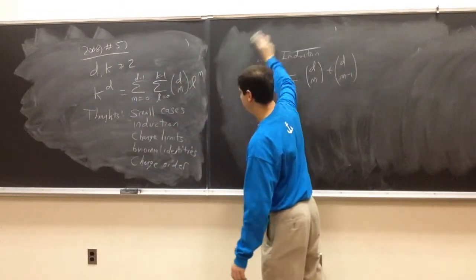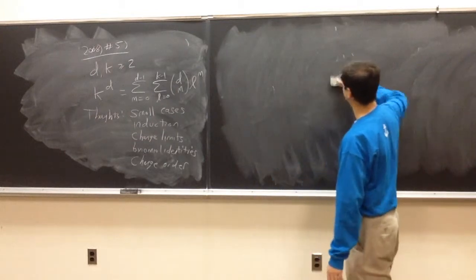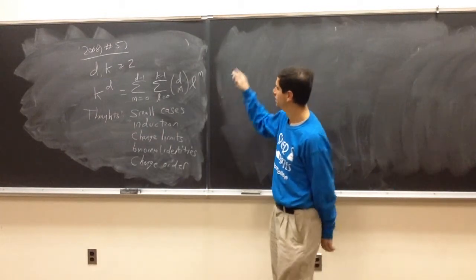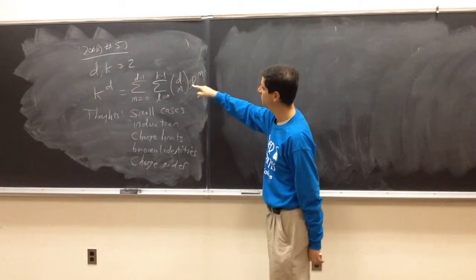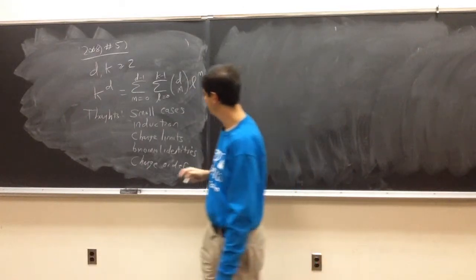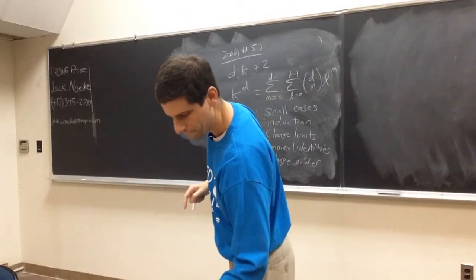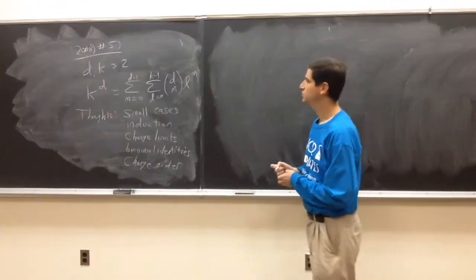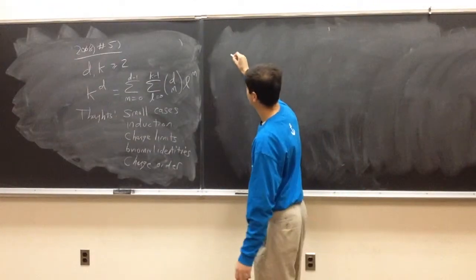The idea of changing orders is related to binomial identity. We know things, if I have d choose m, l to the m. I'm wondering if I wrote that wrong. Nope. No, that's right. All right, so let's switch orders.